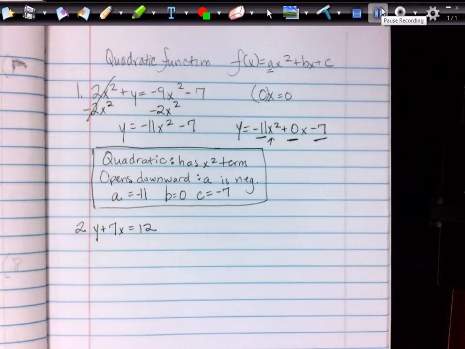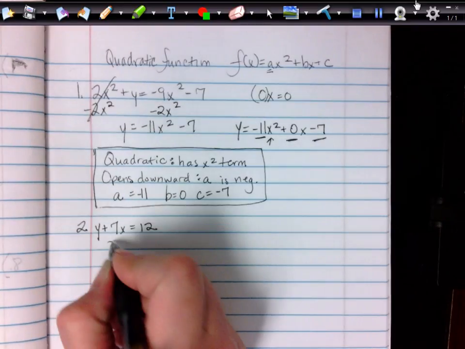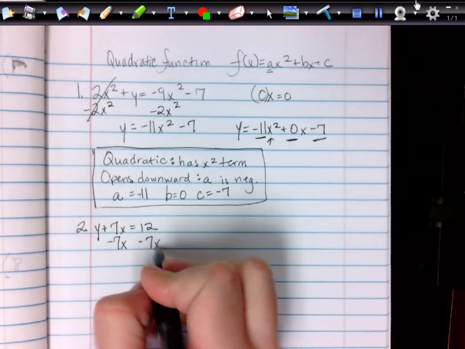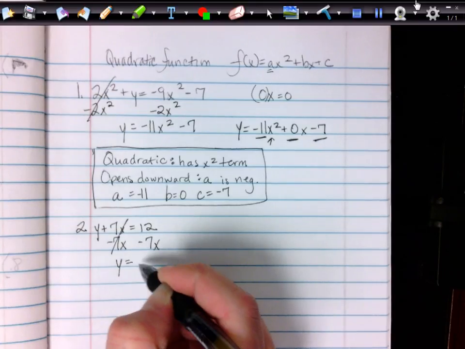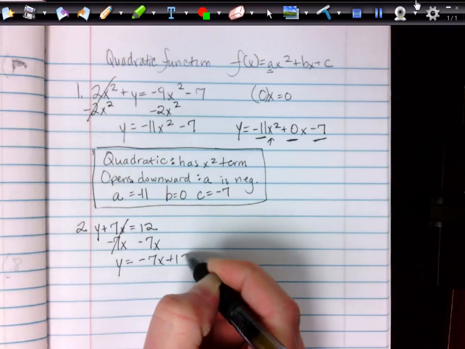Alright, so y plus 7x equals 12 is our next problem for number 2. And again, we're going to solve for y. So I'm going to subtract my 7x from both sides. Here that's going to cancel, and I'm going to have y equals negative 7x plus 12.